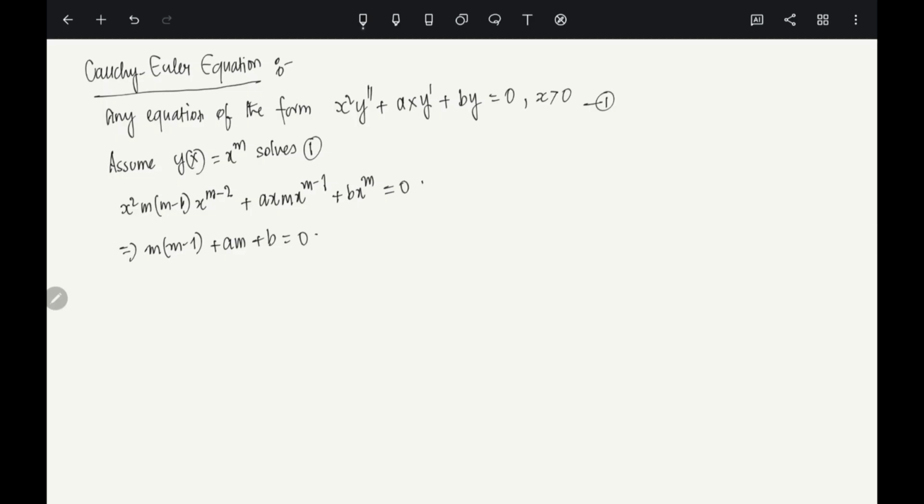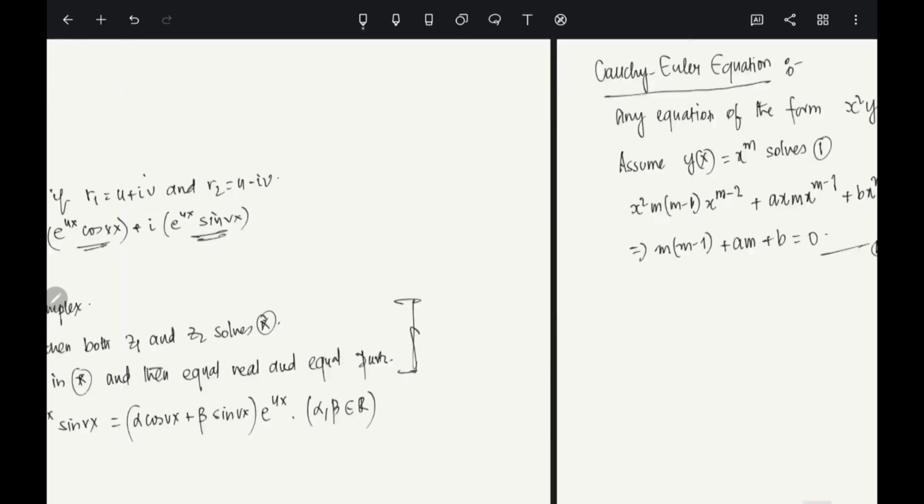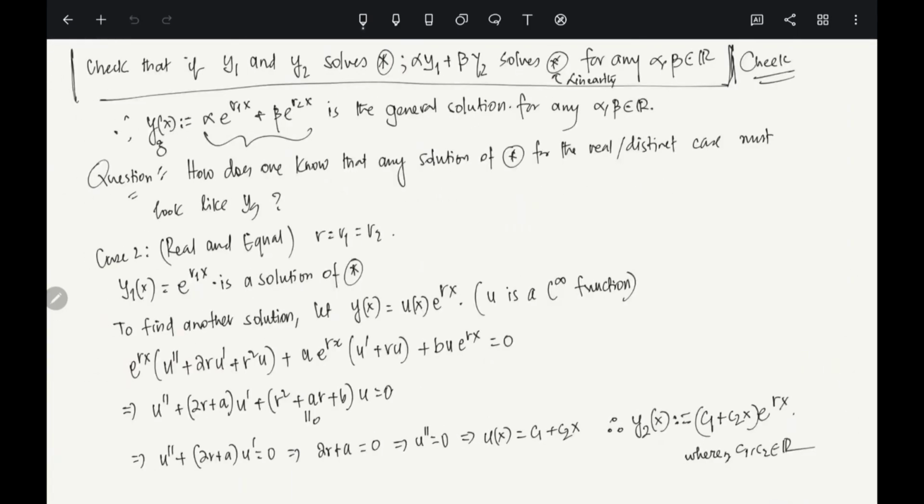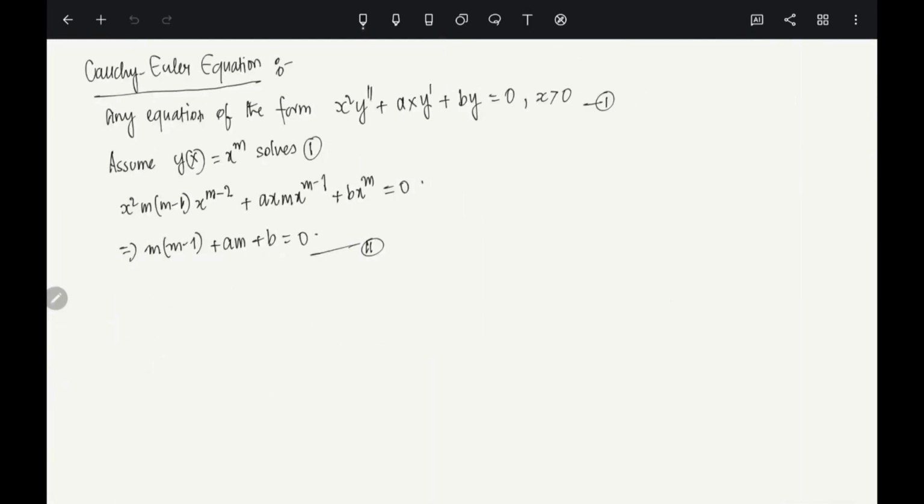Again, this is nothing but a quadratic equation which will have 2 roots. So the exact same sort of thing will happen as what we did before. Please check the theorem stated below; this is your work, and I will state the theorem.